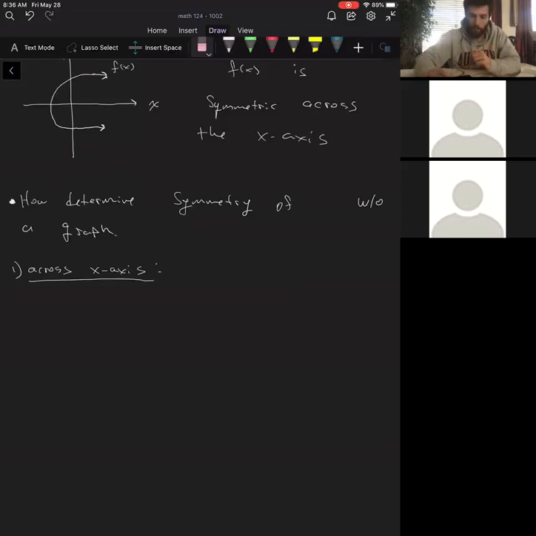We can't actually talk about a function in this situation. What we're going to say right now is, if we're symmetric across the x-axis, what this means is, we'll do this with an example in a second. This is what the definition would be for this. So if we replace... sorry, one second, this doesn't make any sense.